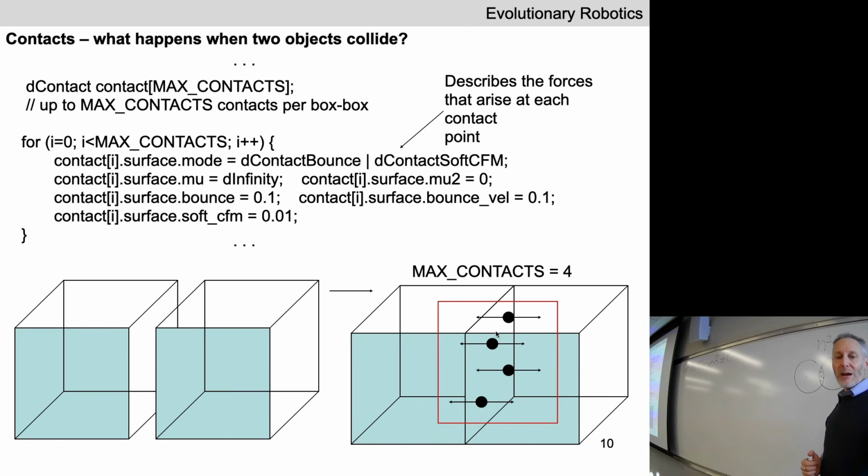Again, a little bit of detail here. For each one of my 4 contact points here, I can set different aspects of how they apply these forces. I can make a particular contact bouncy, meaning when they collide, most of the energy going into that collision is going to be applied to the force pushing them apart.